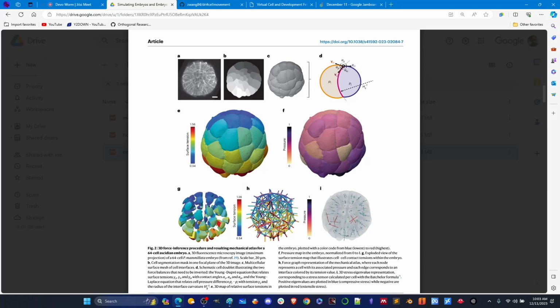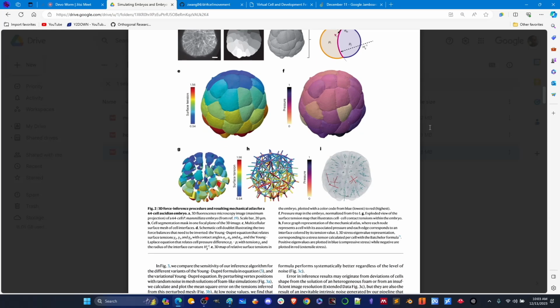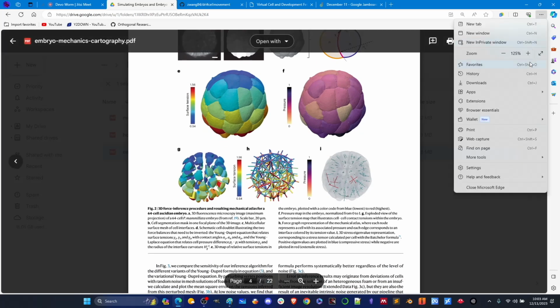The surface tension is higher towards the bottom of the embryo and lowest at the top, at the dorsal section versus the ventral section, and then there are intermediate tensions in the middle. And then pressure, it's hard to see the colors, but it seems like there are lighter patches of pressure and darker patches of pressure. And then, of course, you have these other types of things here.